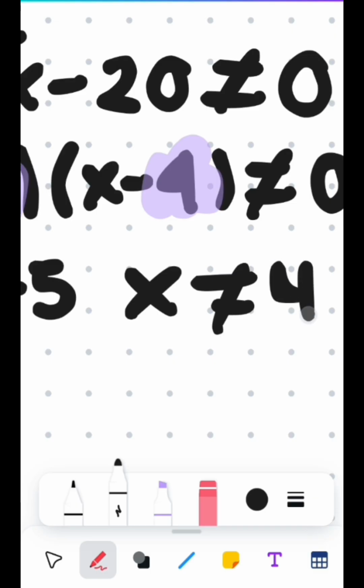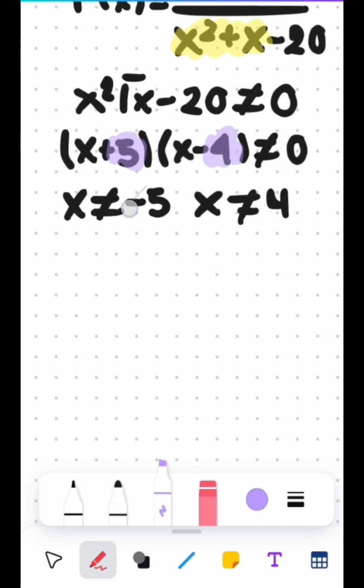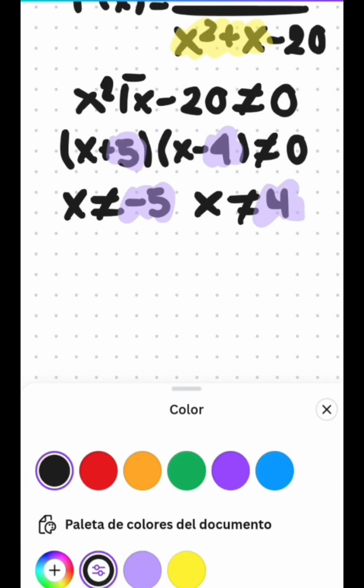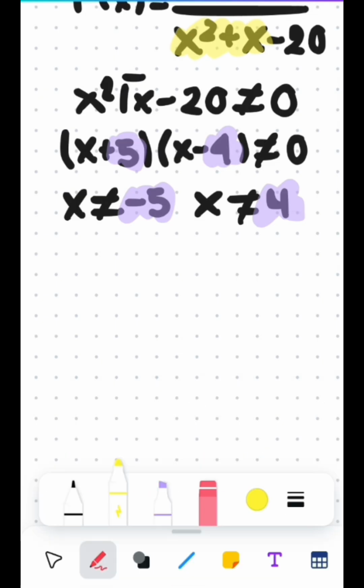X must be different from negative 5, and x must be different from 4.